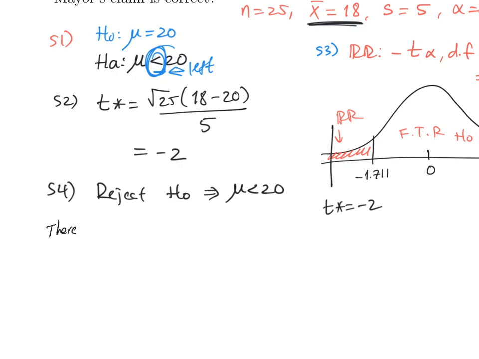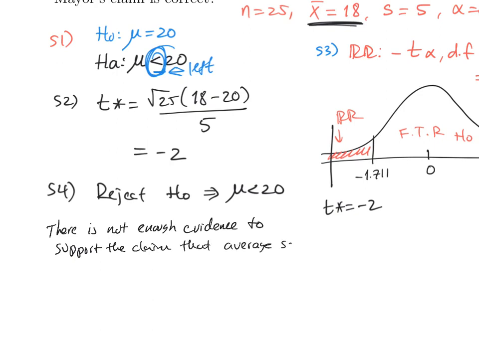Is that there is not enough evidence to support the claim that the average salary is $20 per hour. I mean, you can be more specific and you can say there is no evidence to show that the mayor's claim that city employees made $20 per hour is true. That's it.